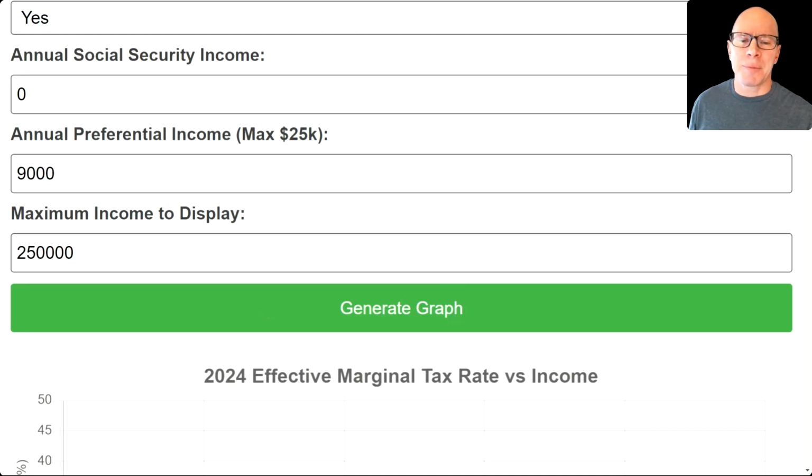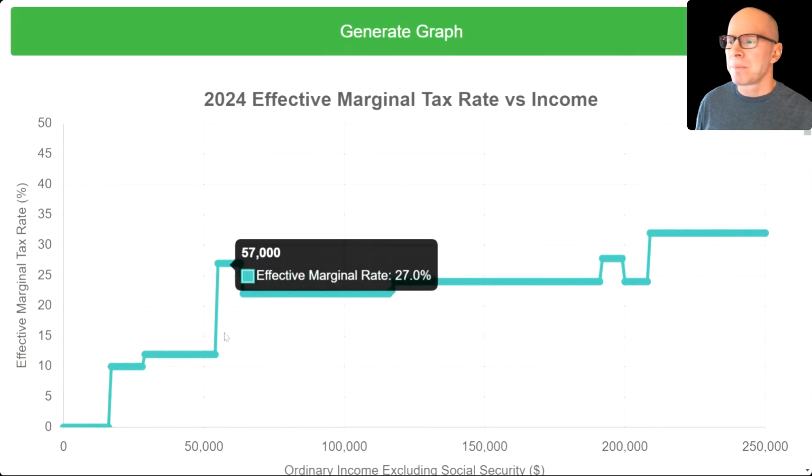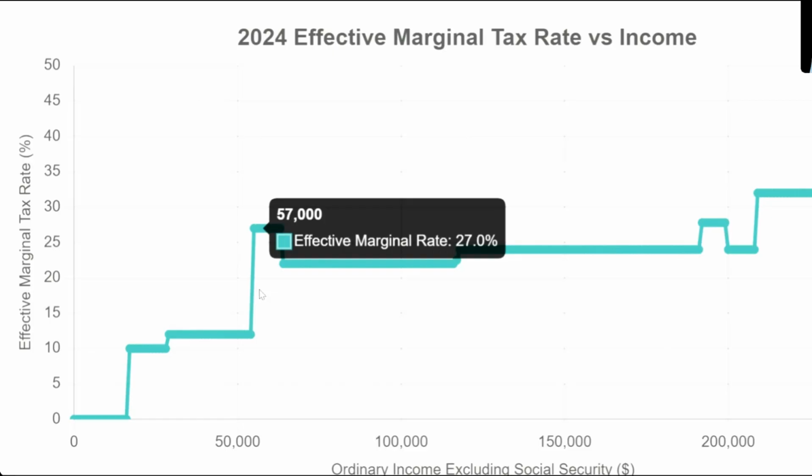Let's quickly look at the capital gains bump zone also. So you might think you're paying little or nothing in taxes on those long-term capital gains, but as you add income at certain levels, you might cause more of those gains to be taxed. And you're otherwise in a fairly low income tax bracket, but the fact that you cause the gains to be taxed results in a higher than expected effective marginal rate on that additional income.